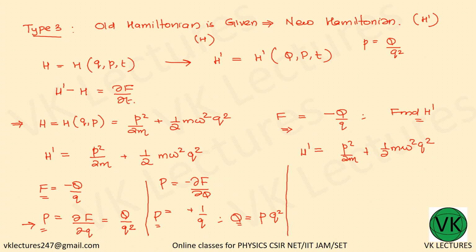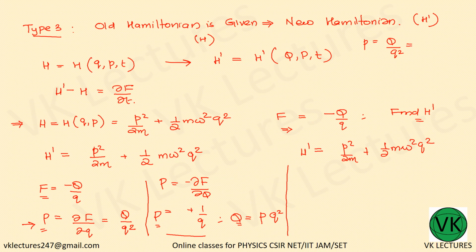So now we have here q square, and in this equation 1 by q square, so it becomes p squared, that's equal to Q p squared.